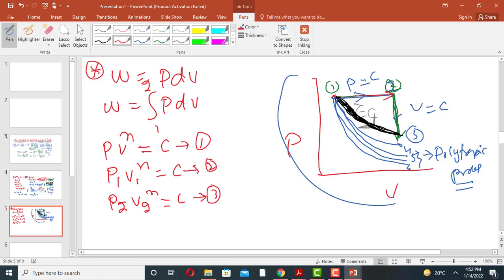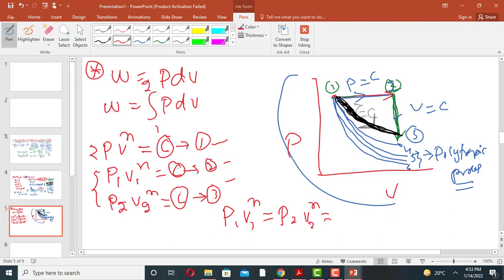Equations 1, 2 and 3 are all equal because C is equal to C in all 3 cases. So we can say that P1 V1^n is equal to P2 V2^n is equal to PV^n, and it is equal to constant. So this is the general relation. Suppose this is equation number 5.